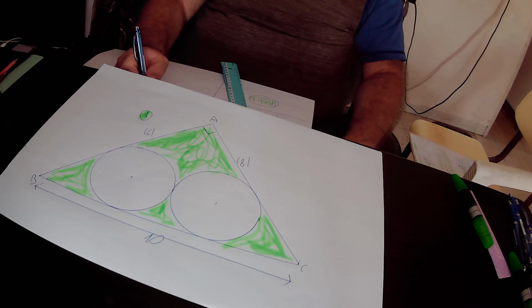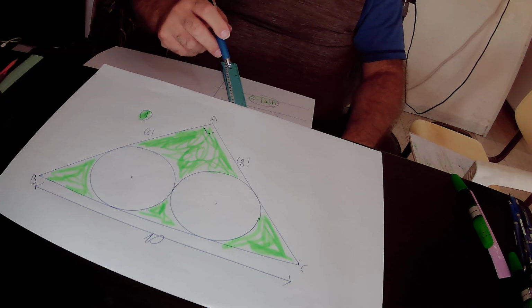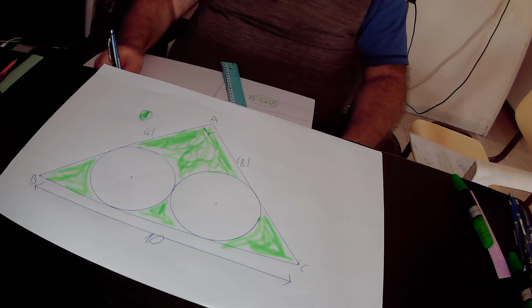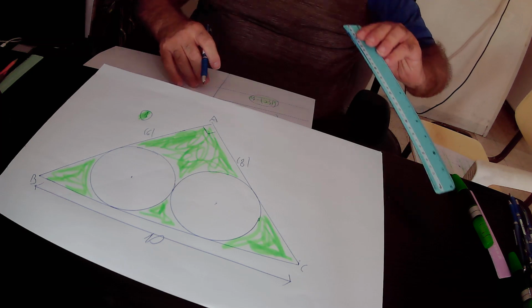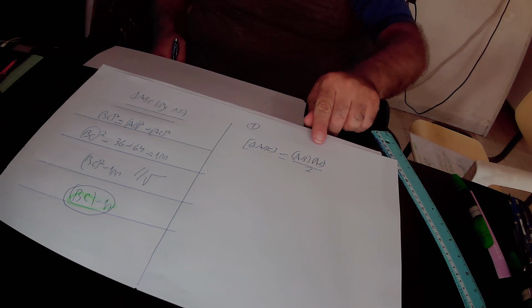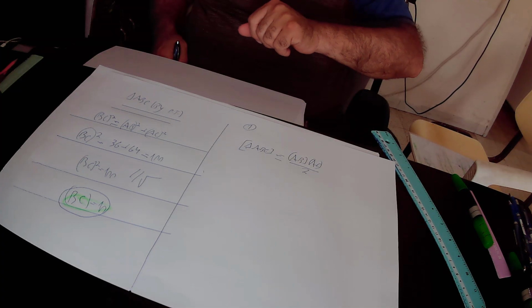So the area of triangle ABC is equal to the base AB times the height AC over 2.